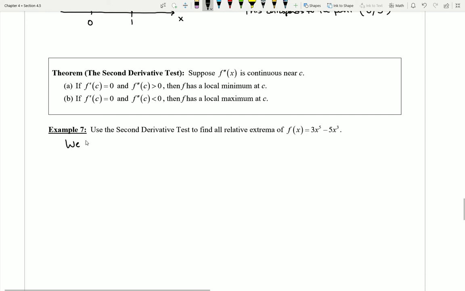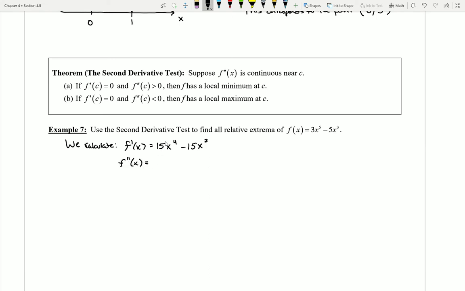So first off, I'll state that we calculate. And again, we know we're going to need f prime of x and f double prime. So this is going to be 15x to the 4th power minus 15x squared. Okay, now I can go ahead and calculate my second derivative.